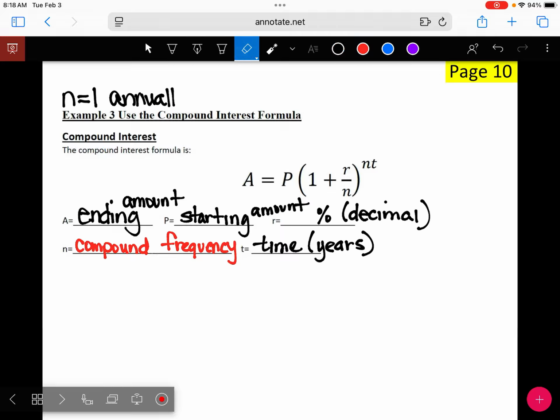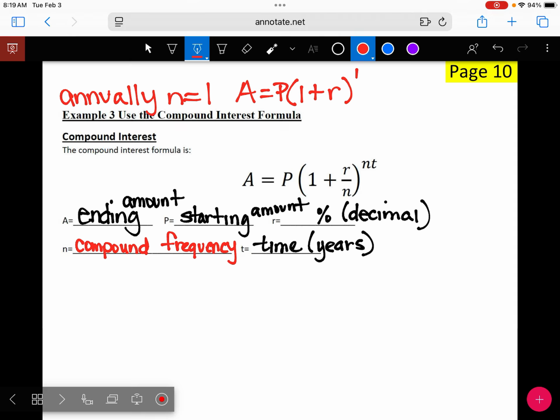Well, actually, maybe write that a different way. If it's annually, that means N equals 1. Which means that we use the same formula that we used on Friday. If it's annually, we don't include N.